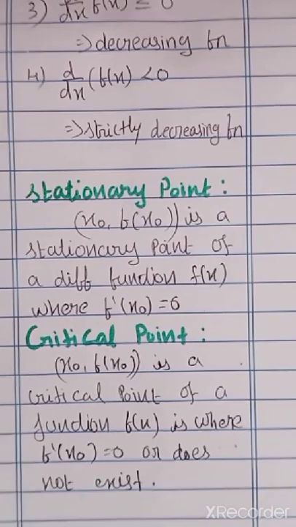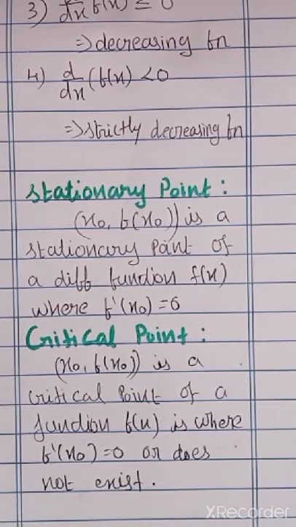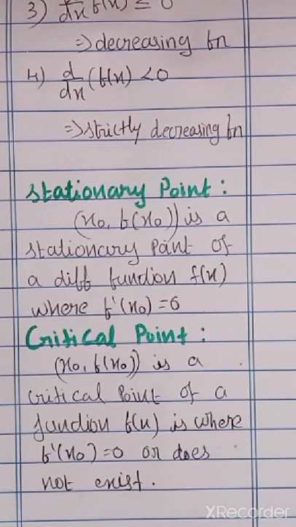Let x naught be a number in the domain D of a function f of x, then f of x naught is the absolute maximum value of f of x on D if f of x naught is greater than or equal to f of x, and f of x naught is the absolute minimum value of f of x on D if f of x naught is less than or equal to f of x.